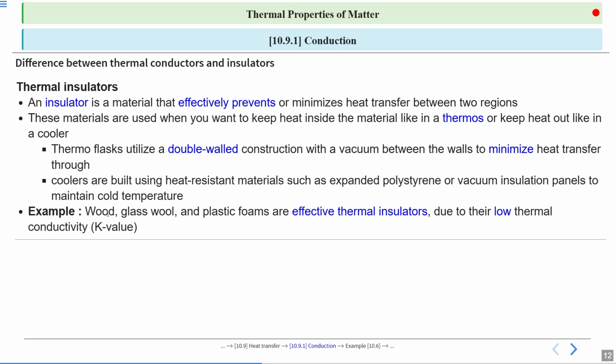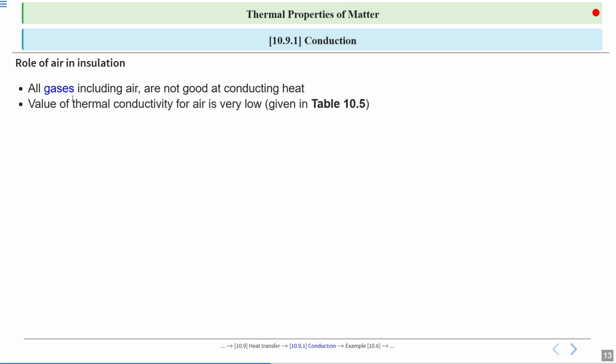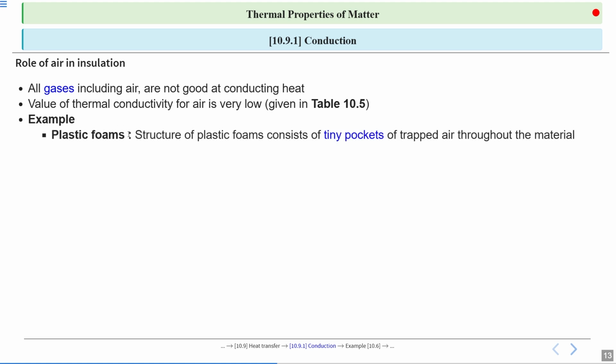Example: wood, glass, wool, and plastic foams are effective thermal insulators due to their low thermal conductivity, or we can say their lower value of K. Role of air in insulation. All gases, including air, are not good at conducting heat. The value of thermal conductivity for air is very low. Example, plastic foams.